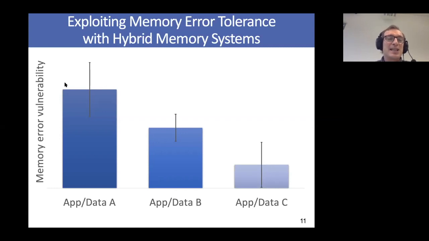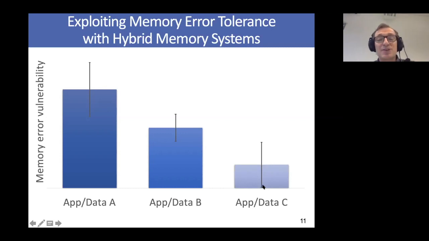And the realization that I show you in this picture, which I think is really important: if you can somehow distinguish between the vulnerability characteristics of your data, maybe you make your system more scalable. Say some of your memory should be reliable, yes, because some of your data requires that sort of reliability. But some of your memory, or maybe a good chunk of your memory, doesn't need to be reliable.